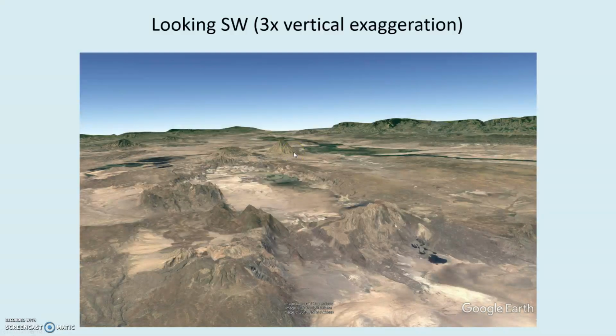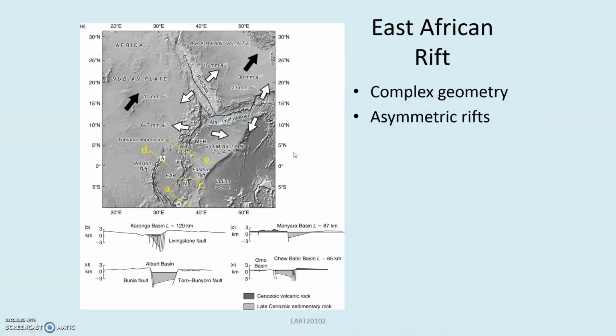Okay. So if we look at a map of this area with some vectors plotted on it of the displacements, you can see that this part of Africa is moving 10 millimeters per year in this direction, but the Arabian Peninsula is moving 30 millimeters a year in this direction.